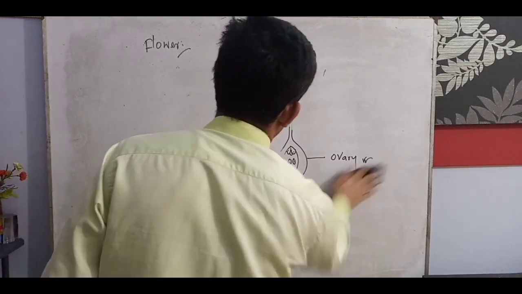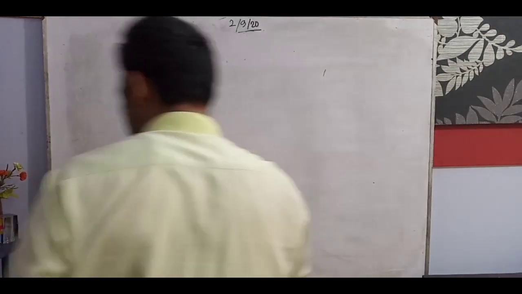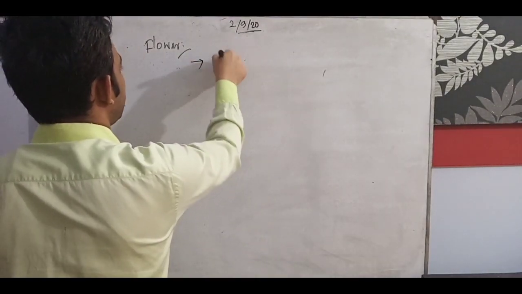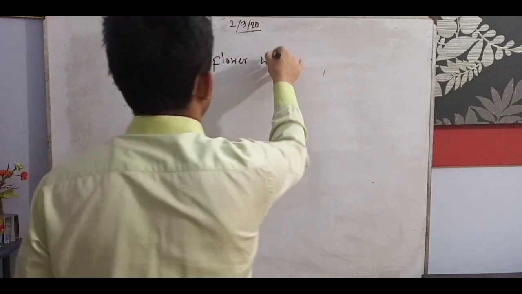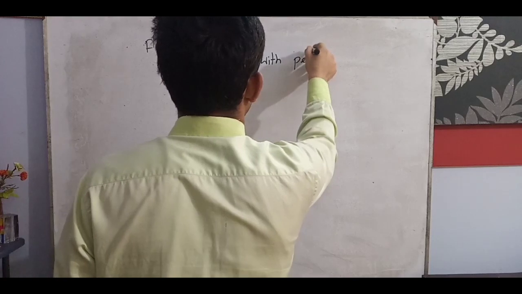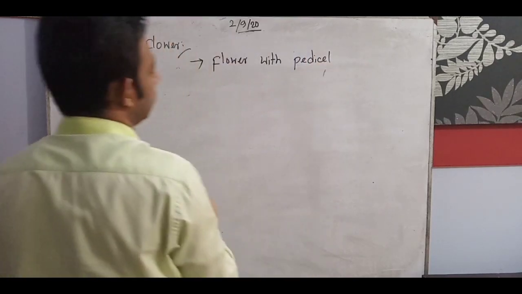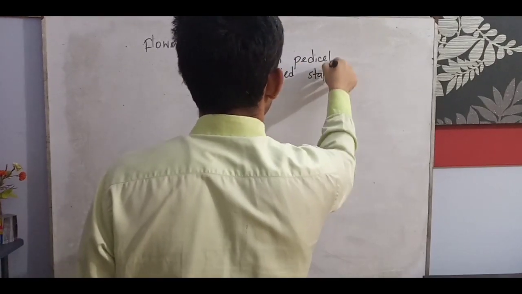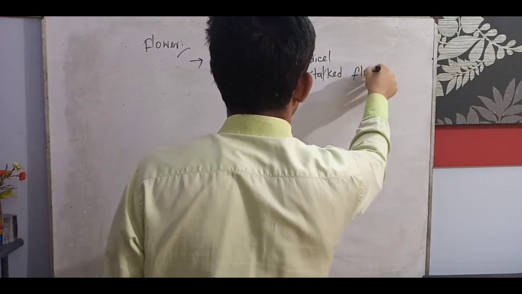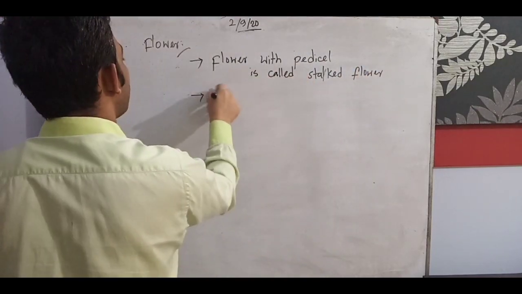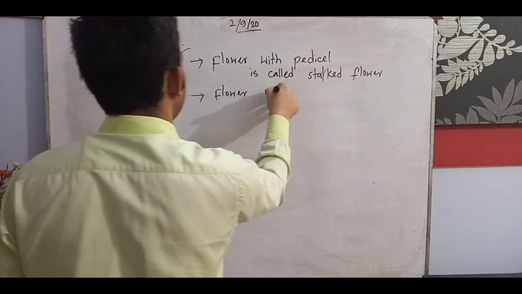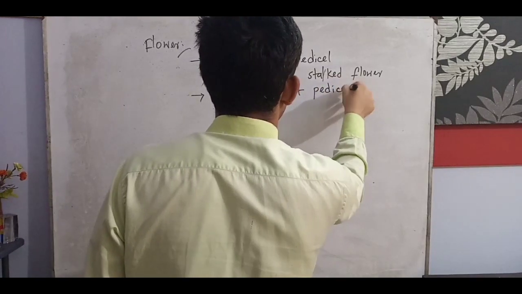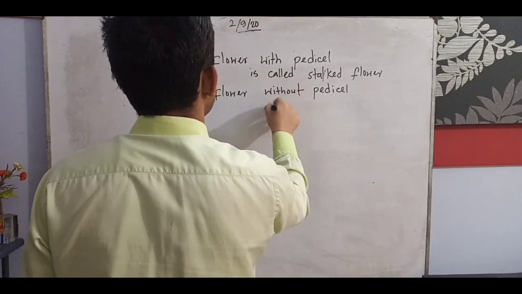Two kinds of flower we can see there. Actually, flower with pedicel, this one is called a stalked flower, and flower without pedicel, non-stalked flower.